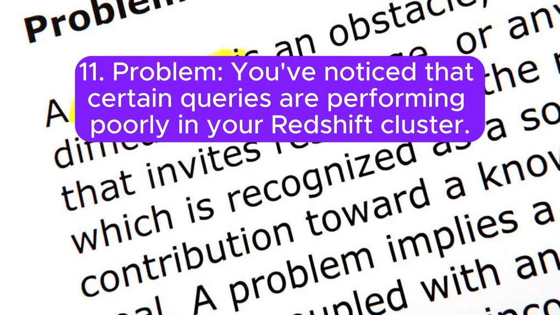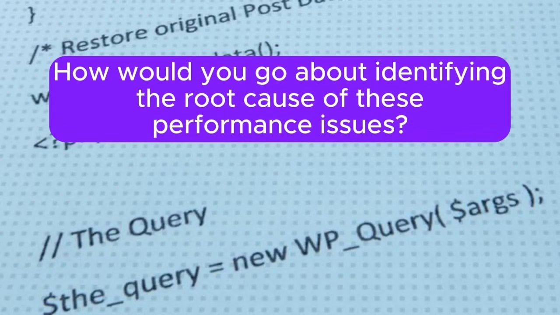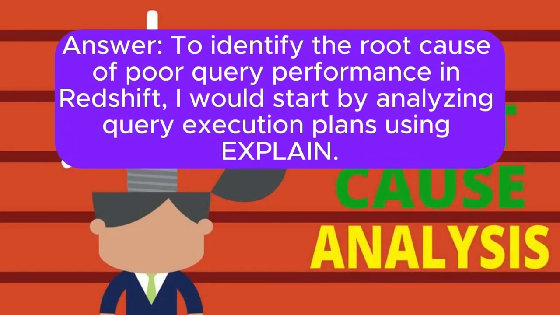11. Problem. You've noticed that certain queries are performing poorly in your Redshift cluster. How would you go about identifying the root cause of these performance issues? Answer. To identify the root cause of poor query performance in Redshift, I would start by analyzing query execution plans using EXPLAIN.